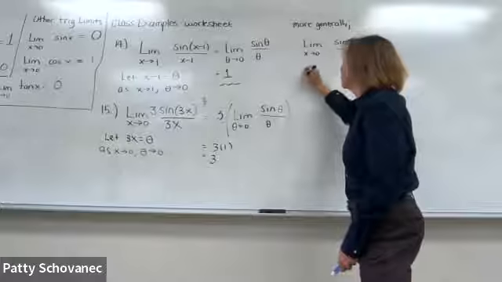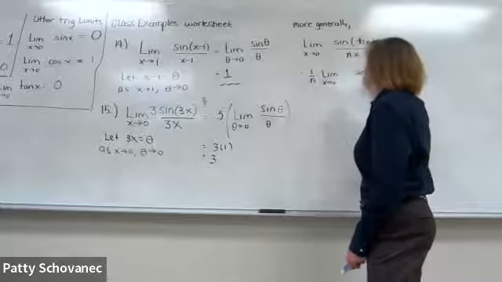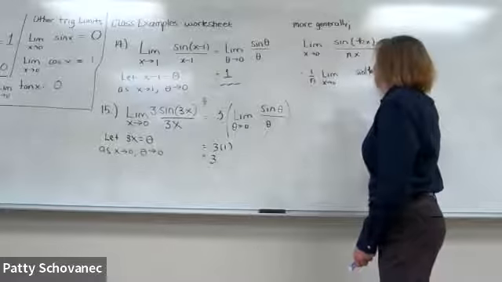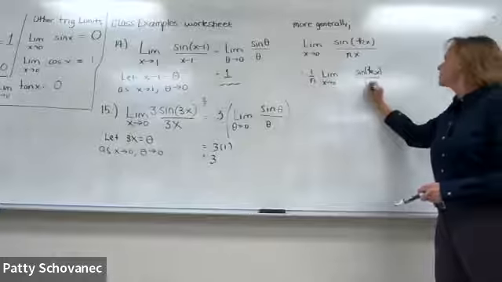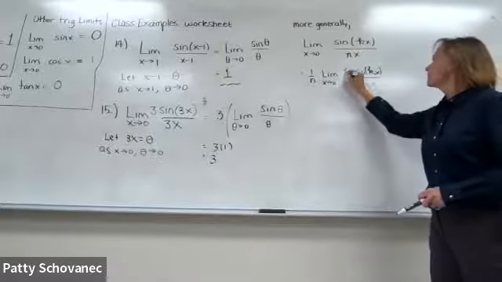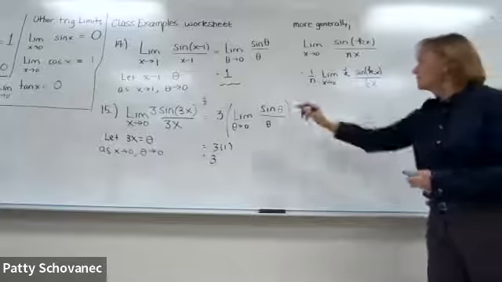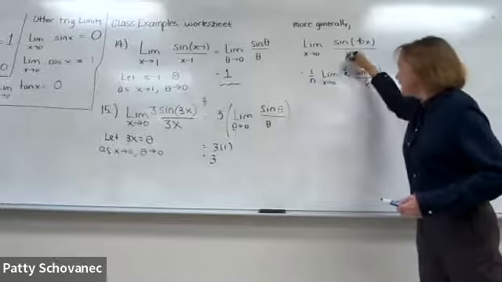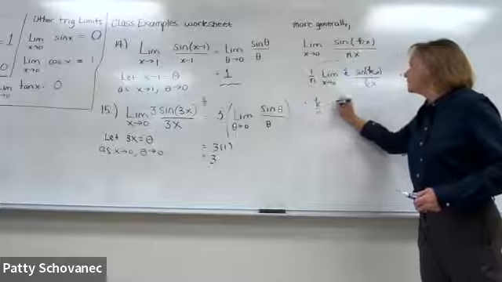So here are the same steps. I put the k where I need it. I take it back out. I do the change of variable like I just did over here. Take this k out front, make that a k divided by n.